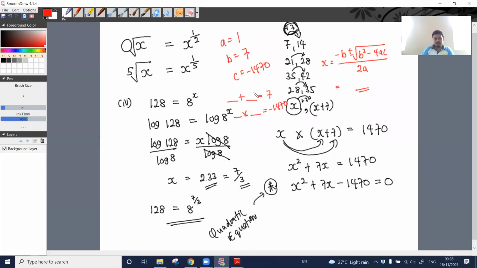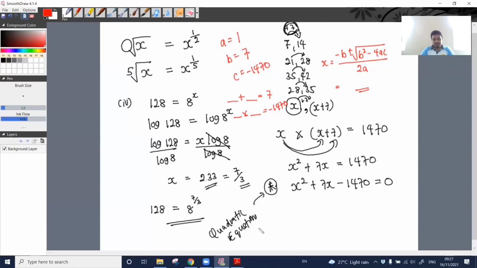So we need to determine what these two numbers should be. Then the term in the middle can be split using these two numbers, and then we couple them. By taking the common factor outside and then factorizing, we can get the values of x. That is the second approach.